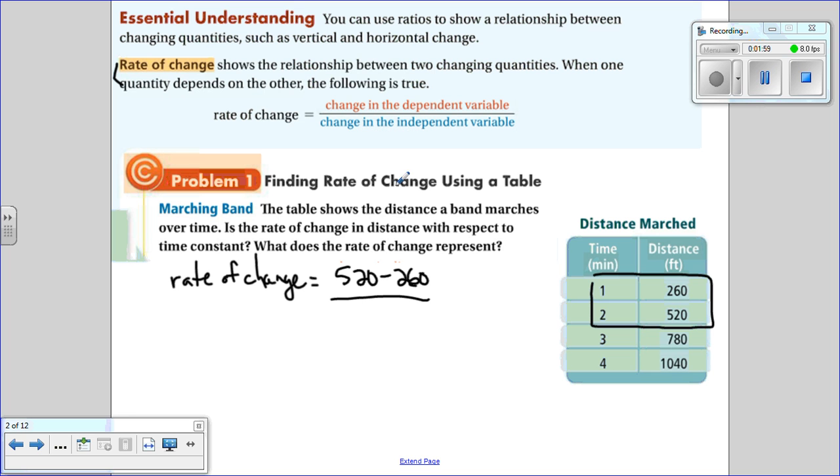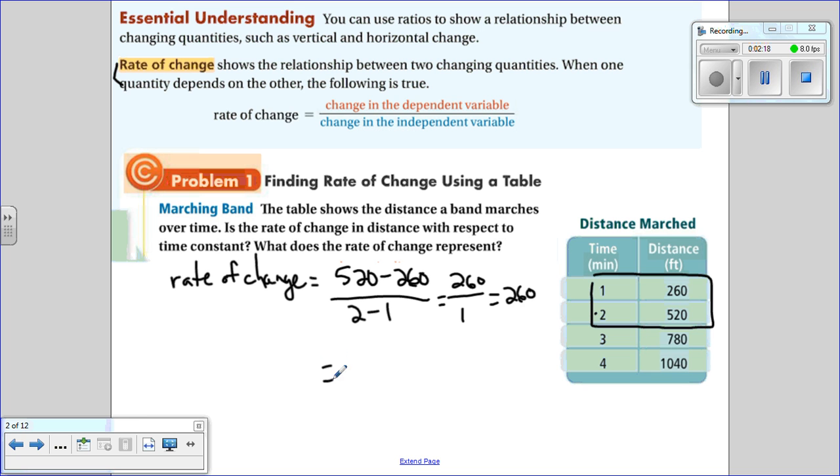And then on the bottom, the change in independent. Since I took 520 minus 260, I'm going to take this one first, which is 2 minus 1. When we do that, we get 260 divided by 1, which is 260. Okay?